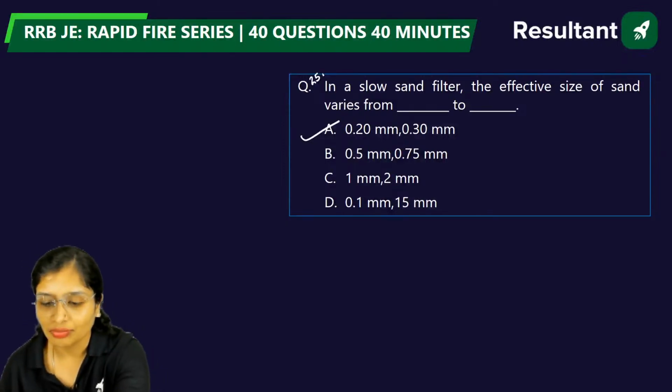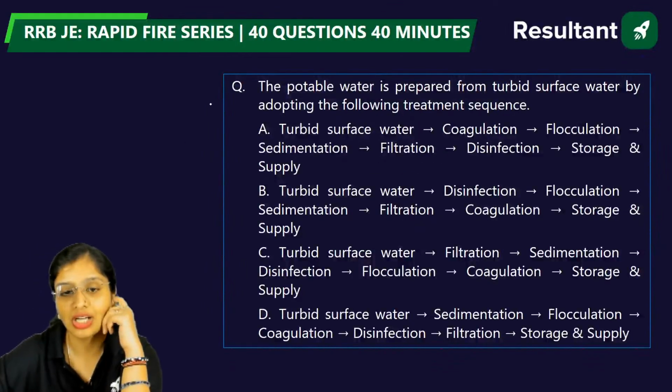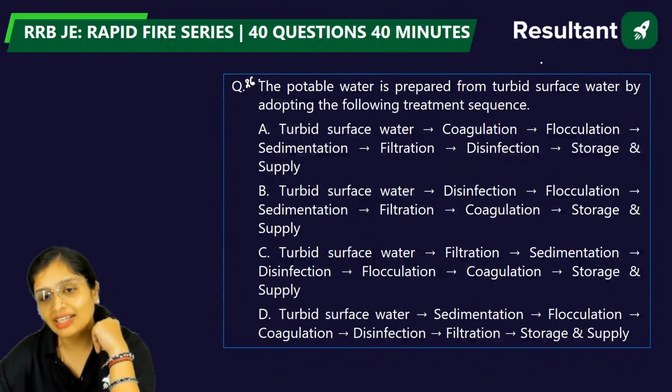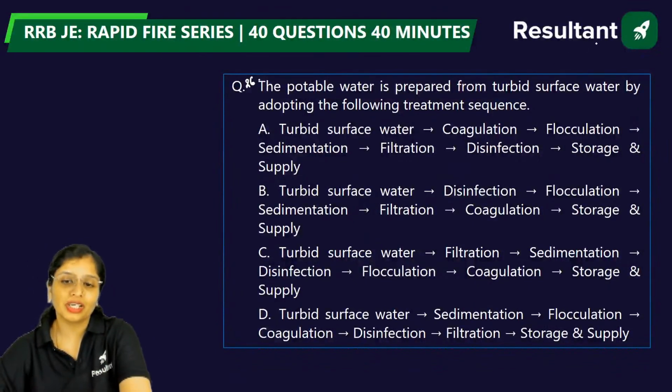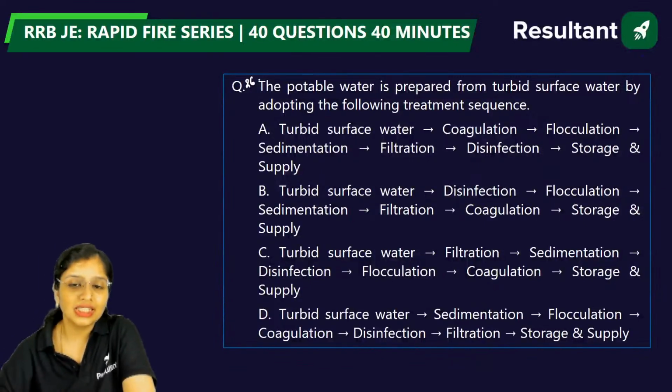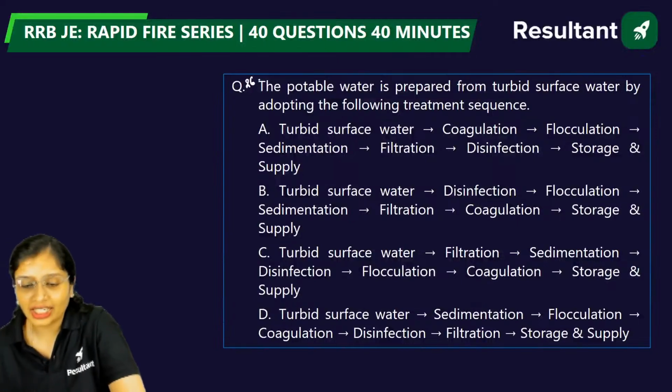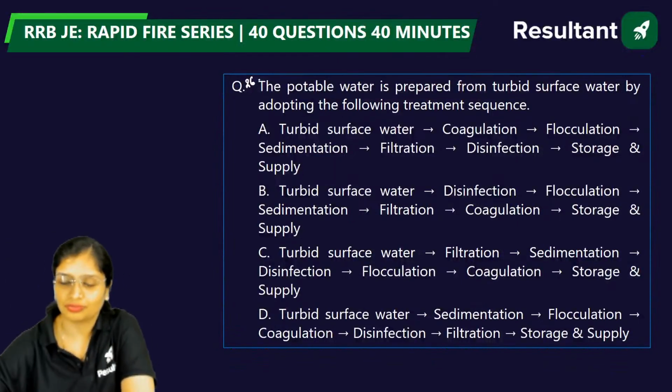Okay. Now, question number 26. Now answer this one. If turbid water is there, that means large amounts of suspended solids are there. What is the sequence you will adopt for treating that water?